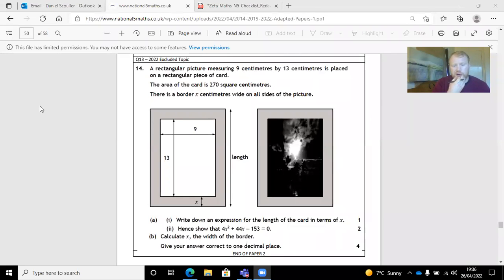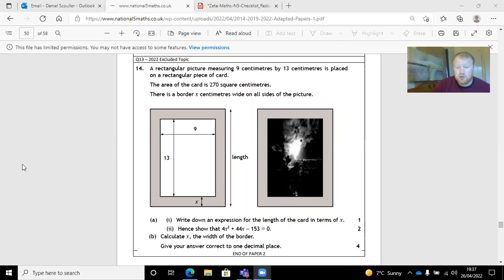Okay, so a lot going on. A rectangular picture measuring 9 centimetres by 13 is placed in a rectangular piece of card. The area of the card, so we're only looking at the card, is 270 square centimetres. There is a border of x centimetres wide on all picture sides.